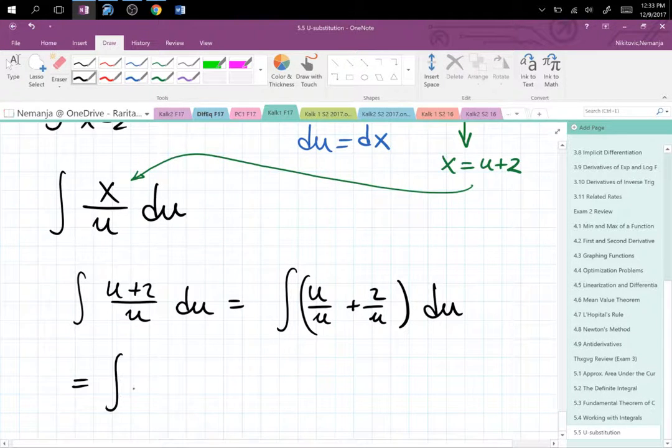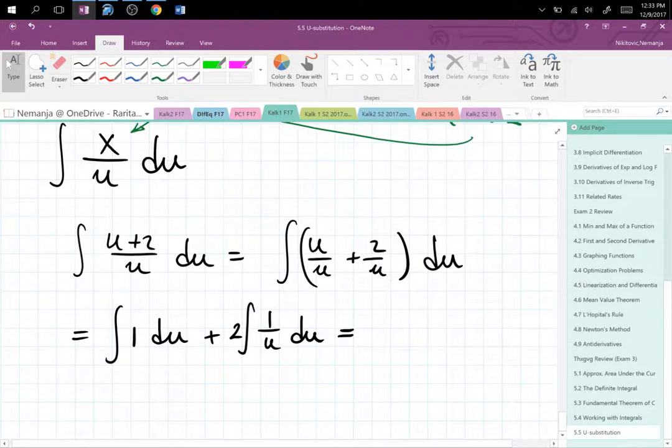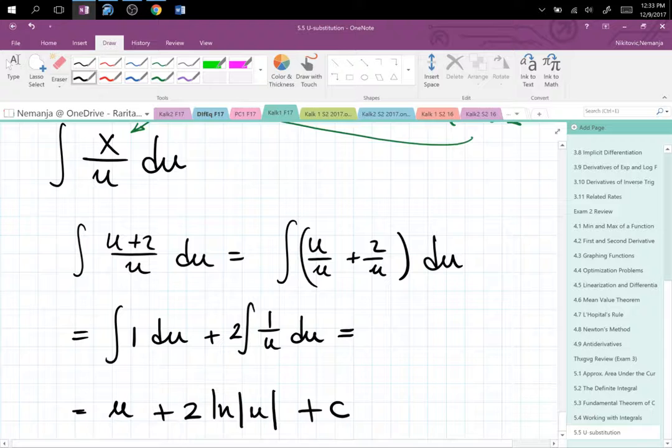And finally that is integral of 1 du plus integral of, kick 2 outside, 1 over u du. What is the integral of the first one? Yeah, u. And then what's the integral of the second one? Absolute u. Yeah, this absolute value must be there. And then you have plus c.